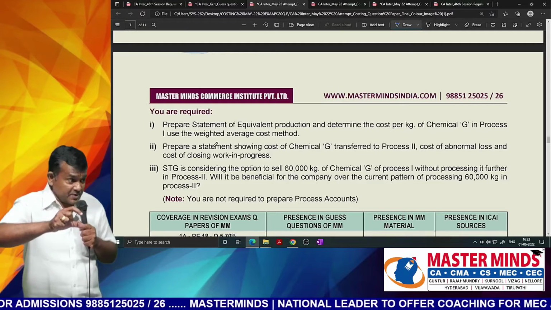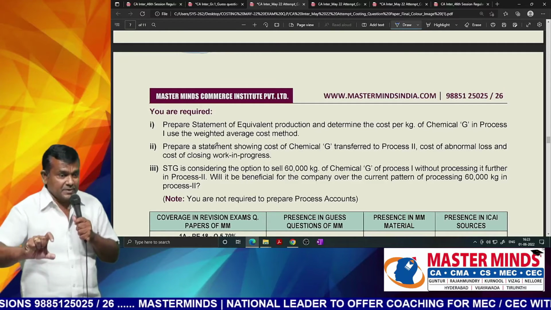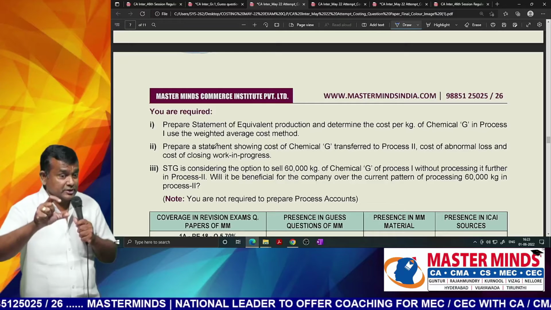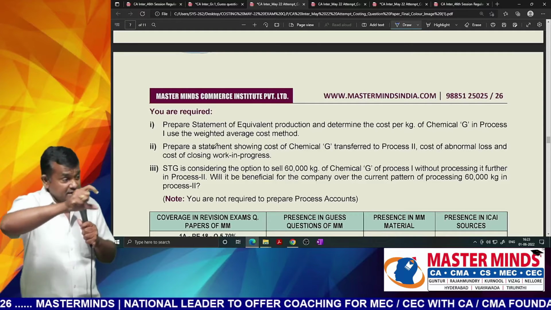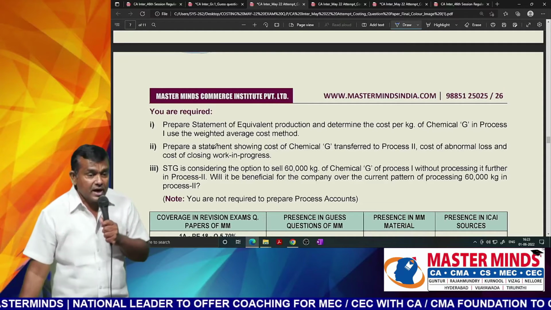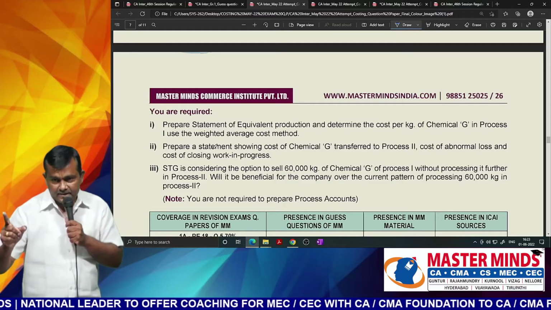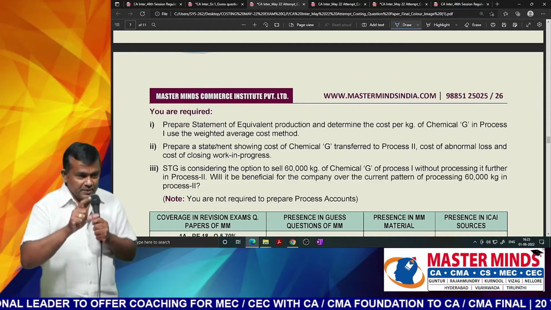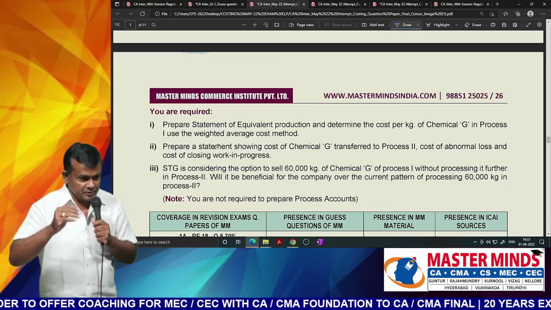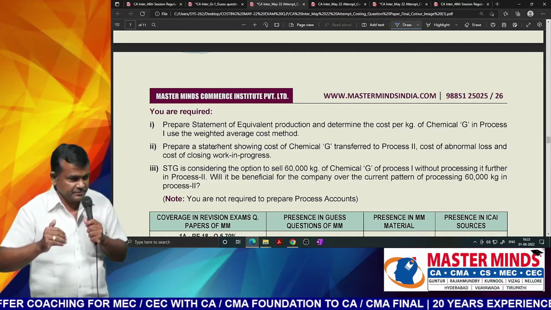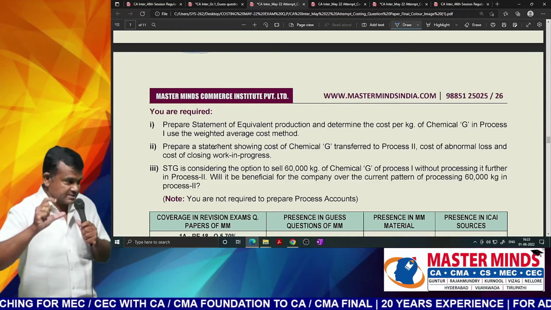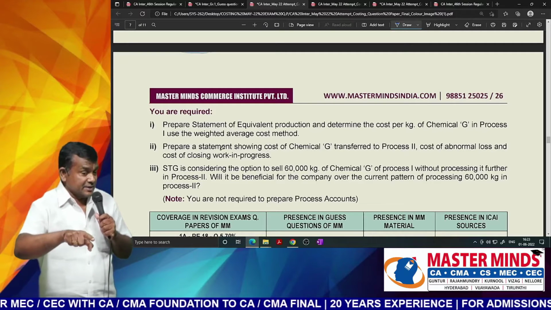previous period work completion plus current period work completion both are considered, so that opening work in progress in all sections work completion equal to 100%. Already discussed, sir. Opening work in progress, previous period work completion plus current period work completion, we get 100% in all sections. Next, introduced and completed.